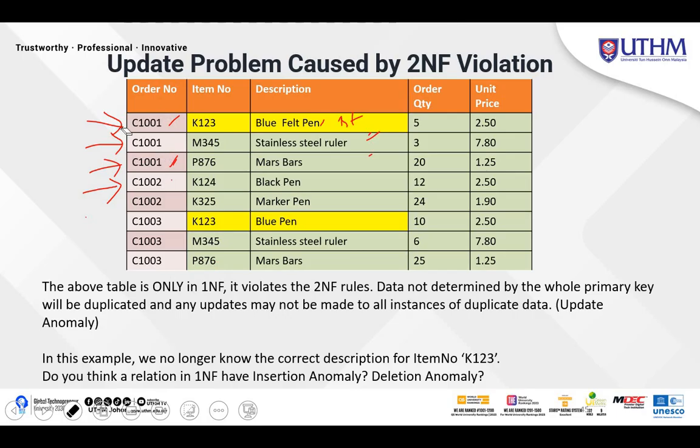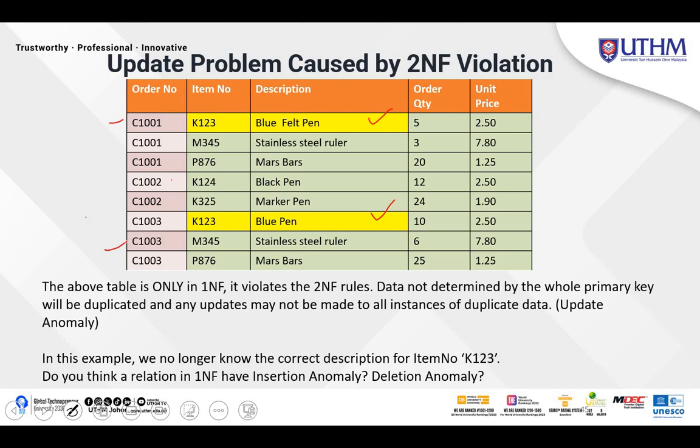Okay, let's go back to this example. In this example we no longer know the correct description for the item number. We see they are already highlighted in red and yellow, K123 and K123, with order numbers C1001 and 1003.